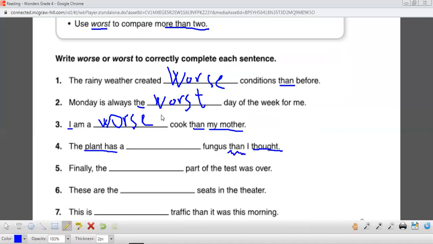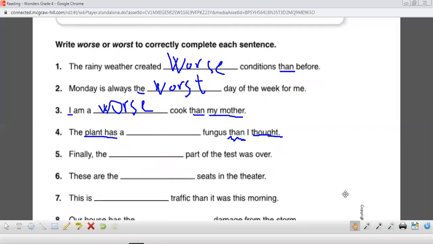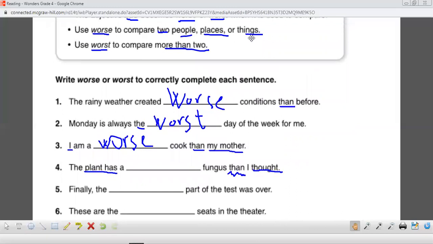So when I'm comparing two things or two places or two people, I have to use worse. Additionally, I have than, which gives you another indication that it is worse, not the worst. So it is worse. The plant has a worse fungus than I thought.